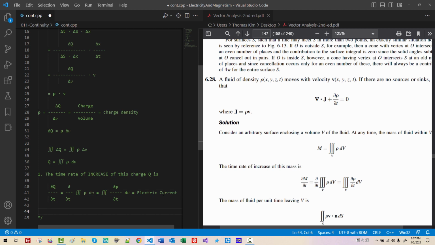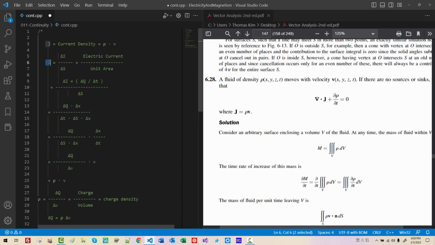The time rate of increase of charge Q in the volume V enclosed by the surface S means that inside the surface S, the charge is increasing.